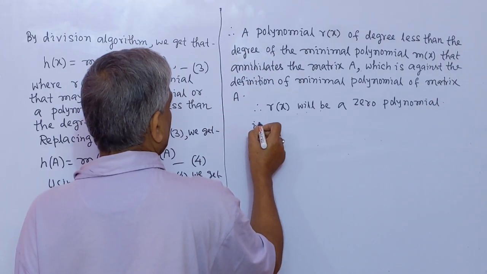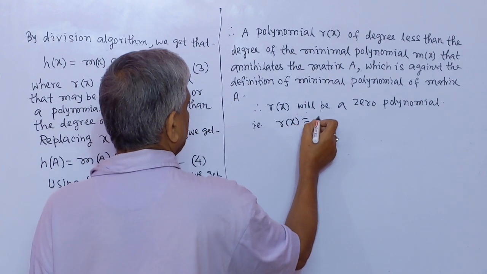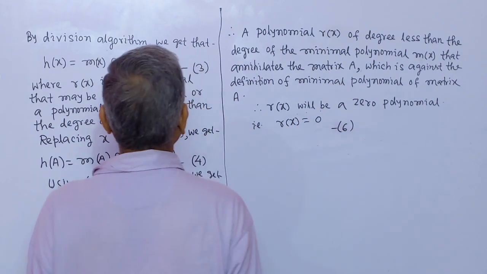That is, r(x) equal to 0. This is number 6.